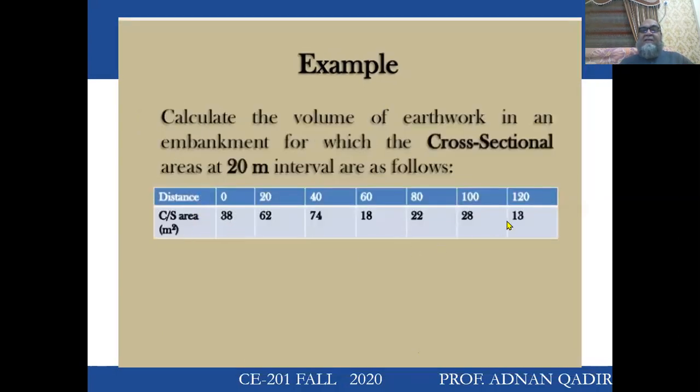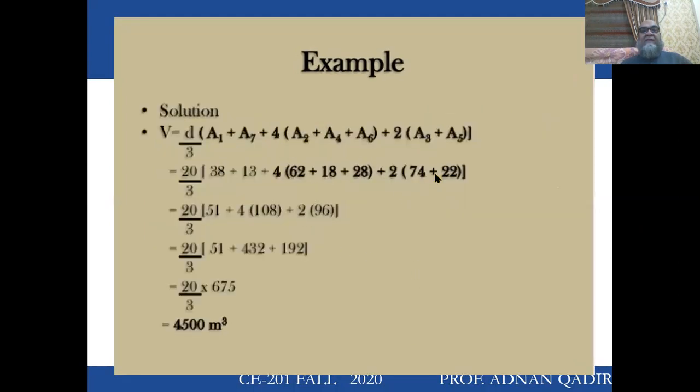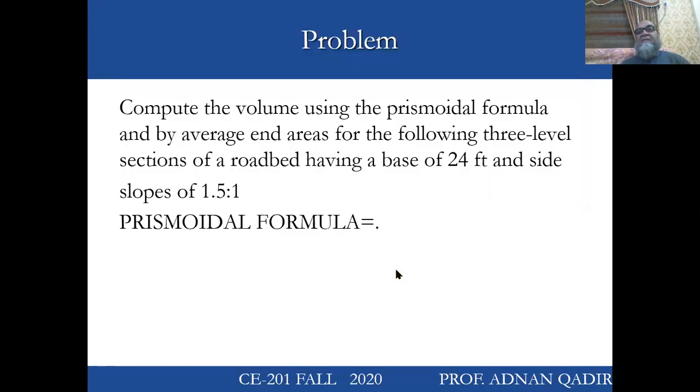So first area plus this area, 38 plus 13, plus 4 times even, 62, 18, and 28, 2 times odd, 74 and 22. So that's what I've done. Right? Very easy. As easy as it could be.